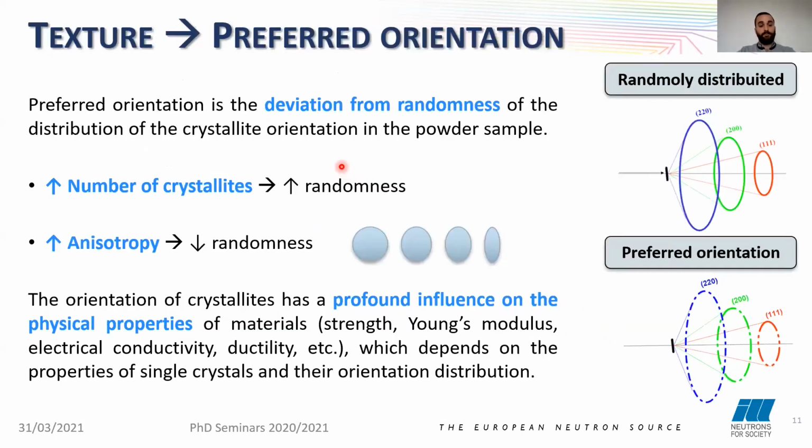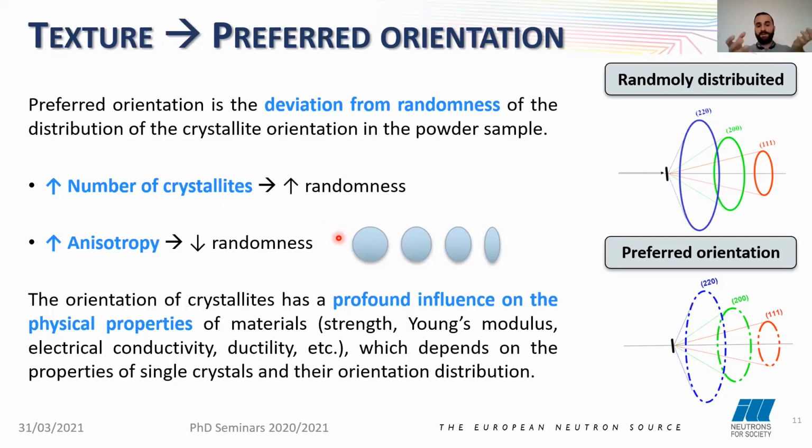So for real materials, the powder diffraction pattern shows not only the crystal structure, but also microstructure details. And this is the case of the texture or preferred orientation. As I indicated before, the ideal sample for powder diffraction is composed of many crystallites randomly oriented.